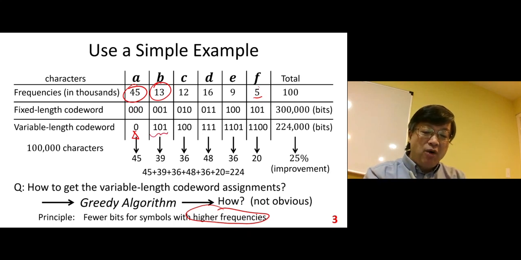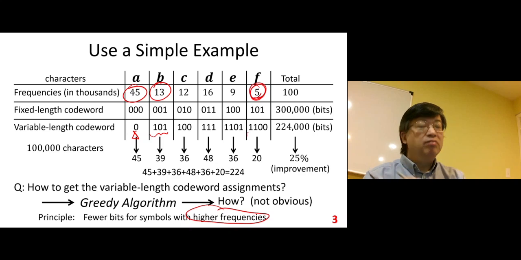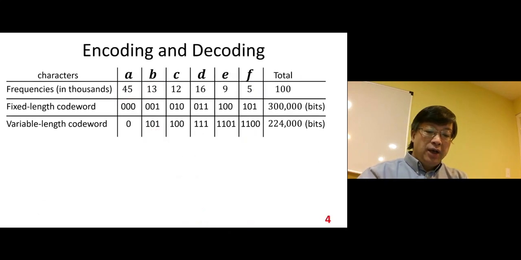The frequency very small, then we use more bits. So that's the general principle. To get a precise way to do it, we need a much better way to do it. That's not easy. All right.